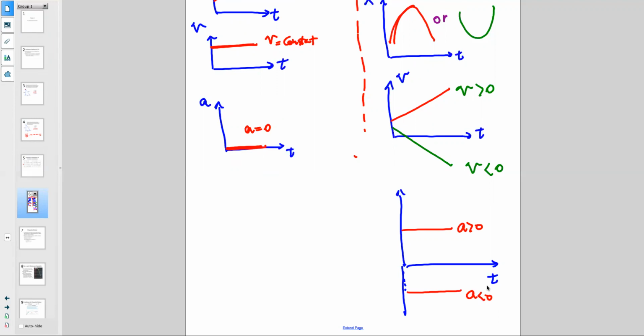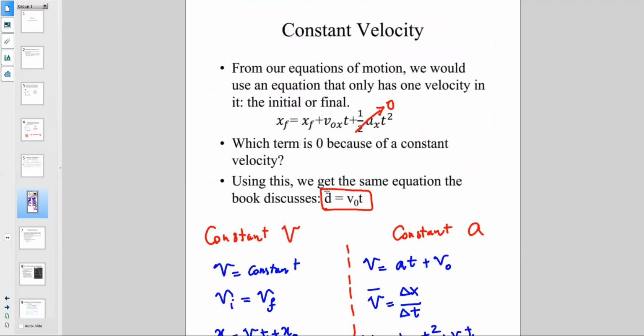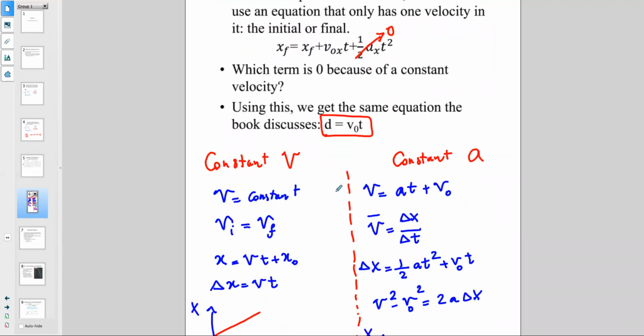But it's constant over time, it does not change over time. So these are the formulas that we're dealing with here. So the constant velocity or constant acceleration. Right?